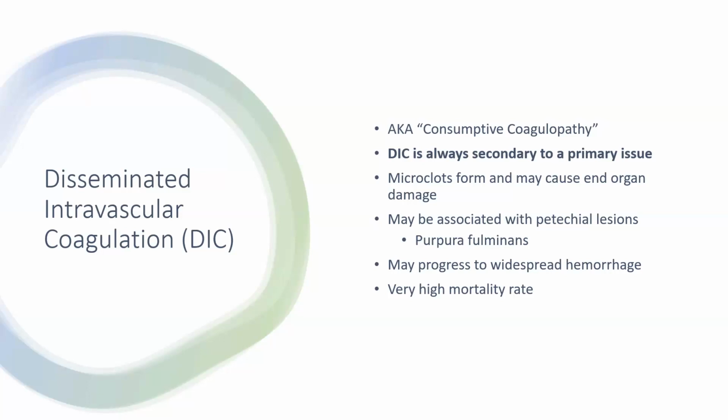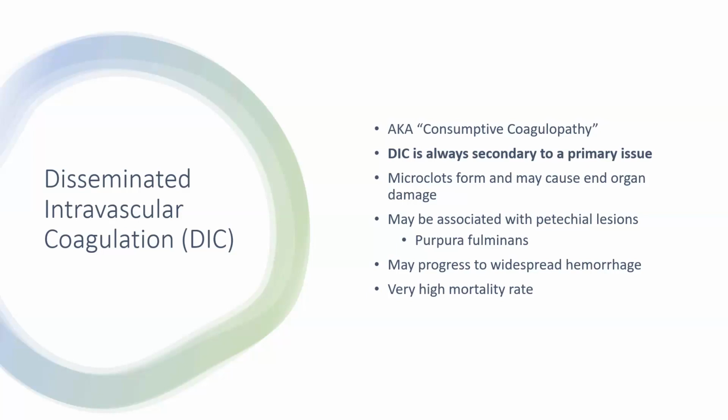That primary issue essentially is causing an overwhelming insult to the system, which is going to result in initiation, usually of the intrinsic pathway, whether that's from hypoxia, whether it's from an acidosis, or from the introduction of bacterial endotoxins into the patient's blood, like in sepsis.